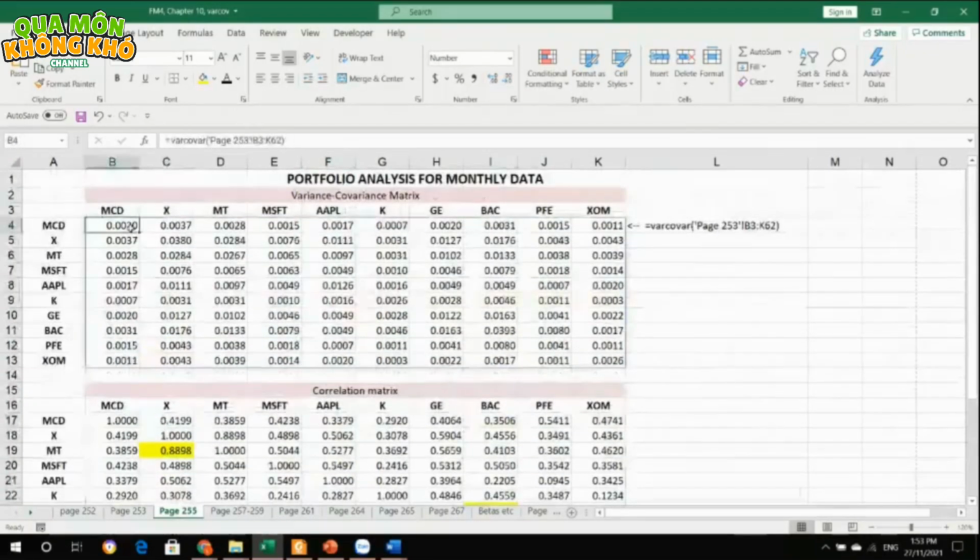So for example, you have the variance-covariance matrix here. How can you calculate the correlation matrix from the available covariance matrix?